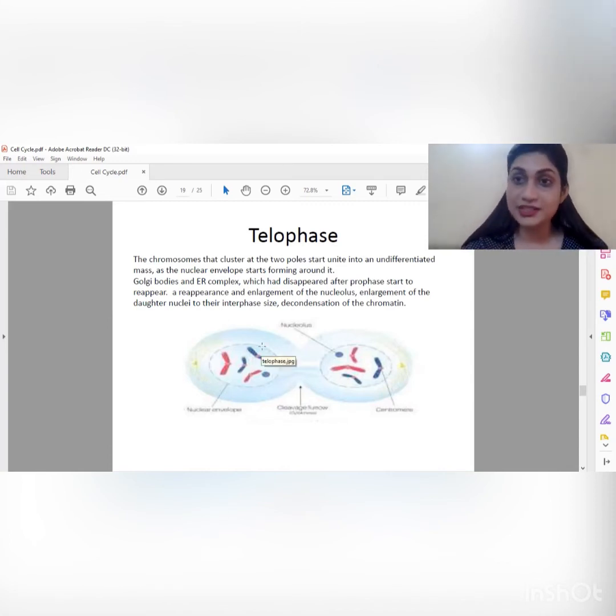All the cell organelles will start reappearing in this stage. The Golgi bodies and ER complex, which had disappeared after prophase, start to reappear. The nucleus will also form, and you will see it because of the presence of the nuclear membrane, which separates the cytoplasm and the nuclear content. There is enlargement of the daughter nuclei.